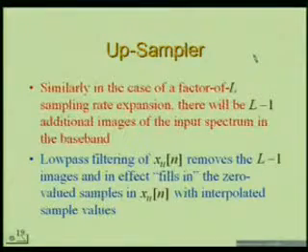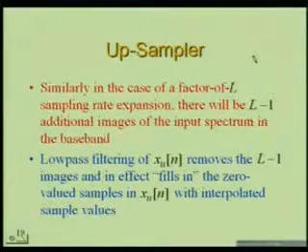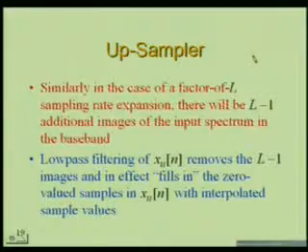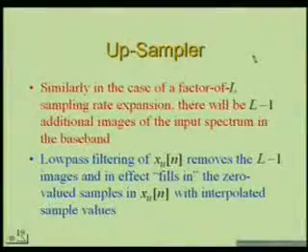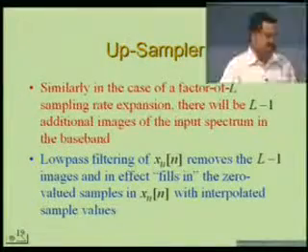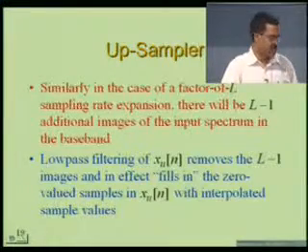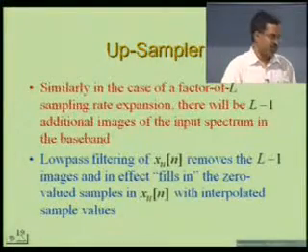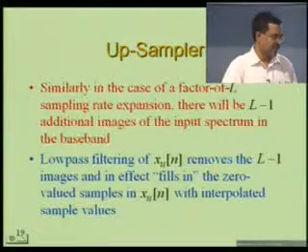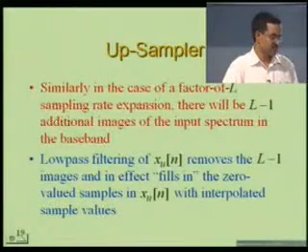Low pass filtering of x_u[n], that is the output from the upsampler, removes the L minus 1 images and in effect fills in the zero valued samples in x_u[n] with interpolated sample values.